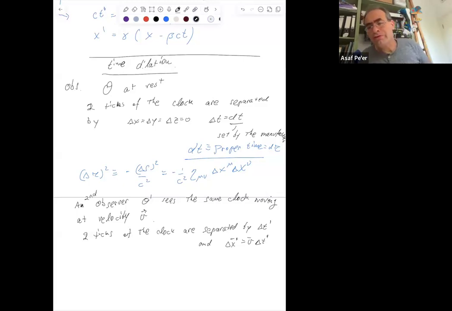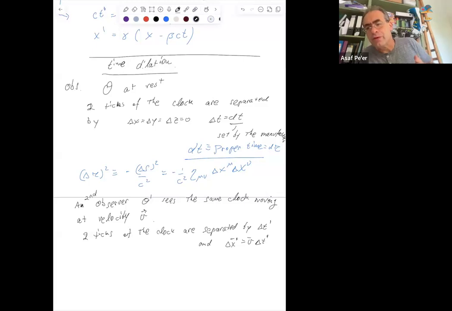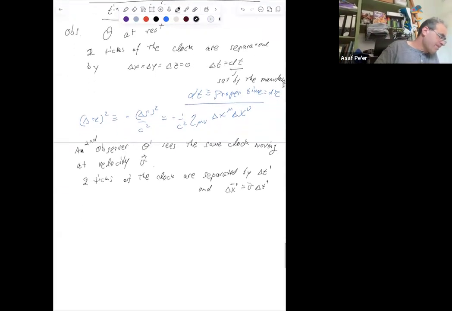Now remember, the 2 observers, me and you, we always agree on the interval. So the interval delta tau prime is delta t prime squared minus delta x prime squared divided by c squared, to the power 1/2.